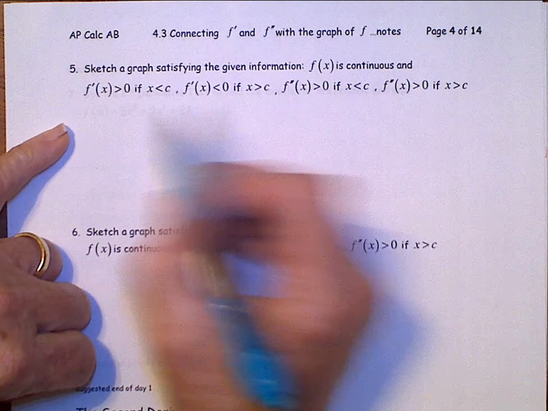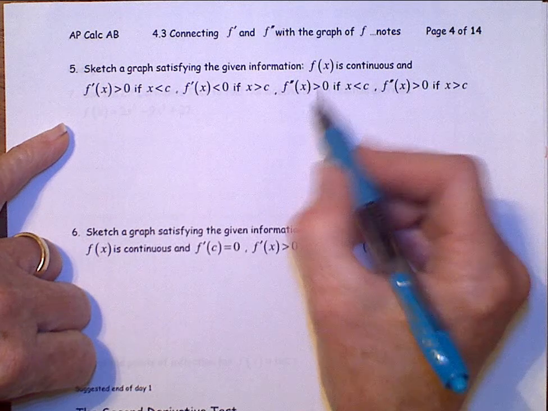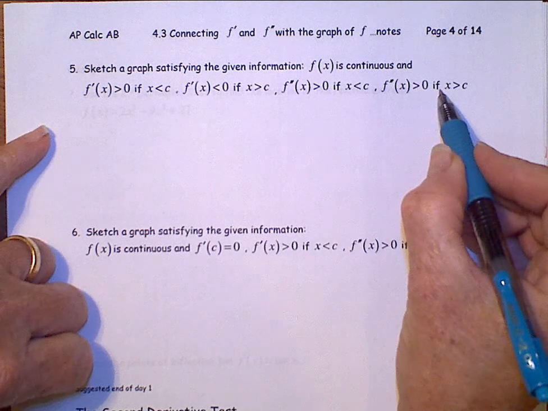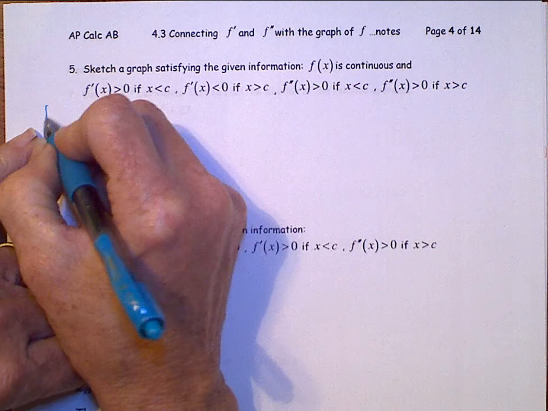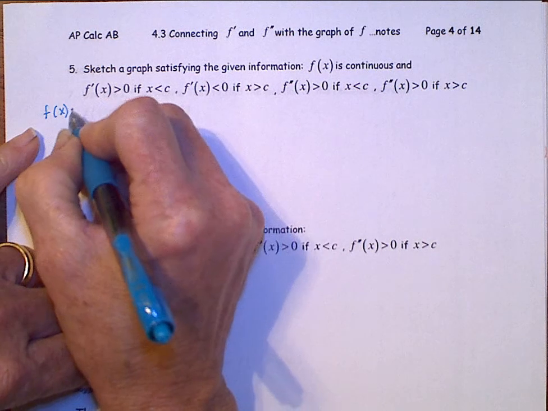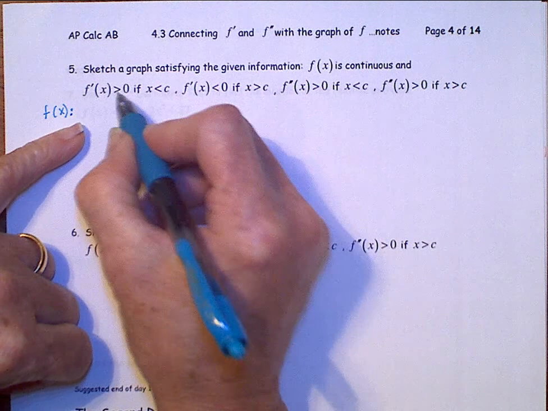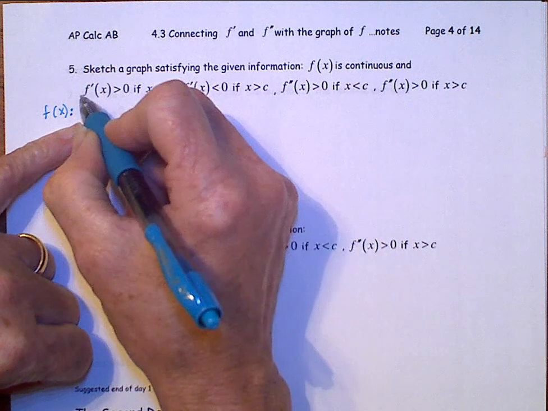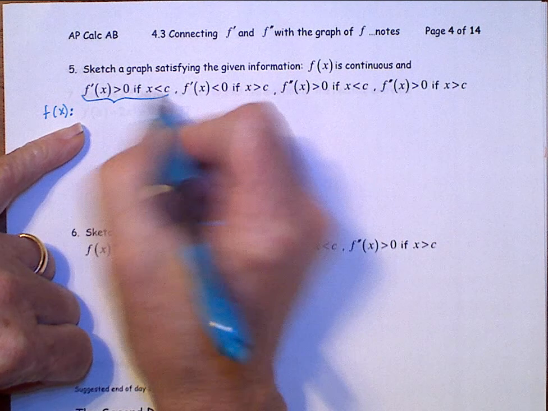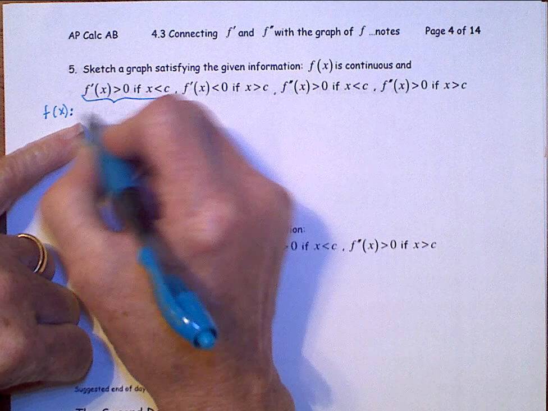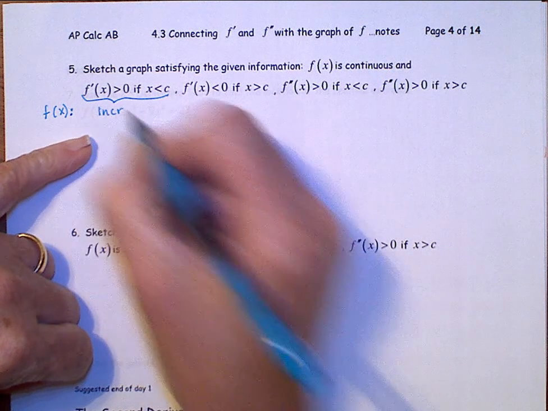I've given you information about f prime and information about f double prime. What does that tell you about the graph of f of x? It tells you that if f prime is greater than 0 when x is less than c, f prime positive tells us that f of x is increasing.